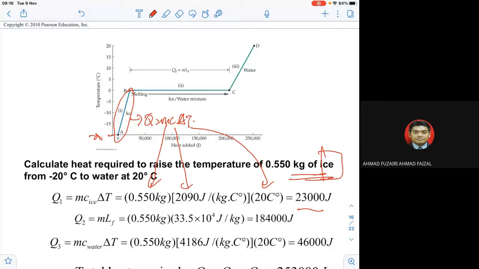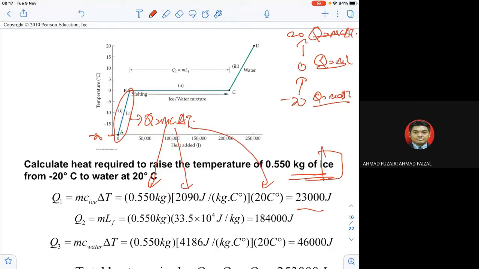On the second part, from negative 20 to 0 and from 0 to 20, you go through at least three processes. This point to this point is Q equals MC delta T. This one is Q equals ML, and this one is Q equals MC delta T again. So from point B to point C, there is latent heat of fusion.